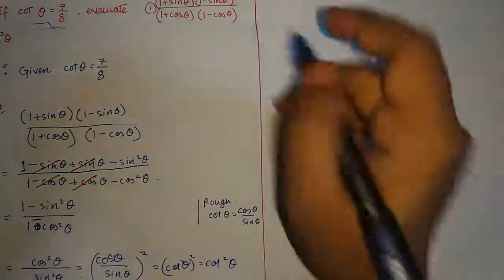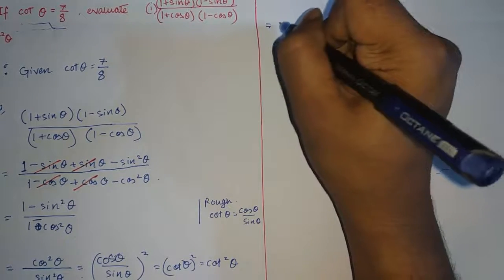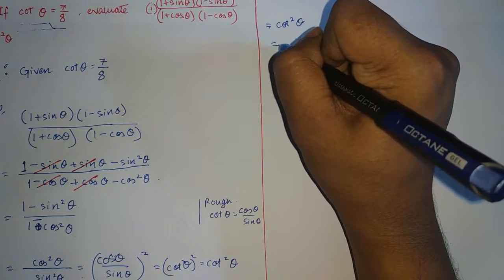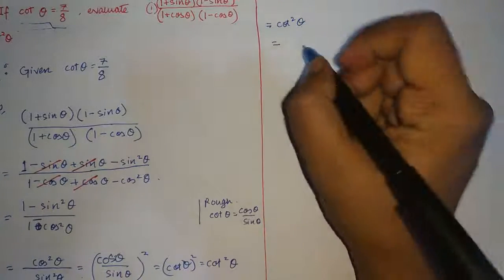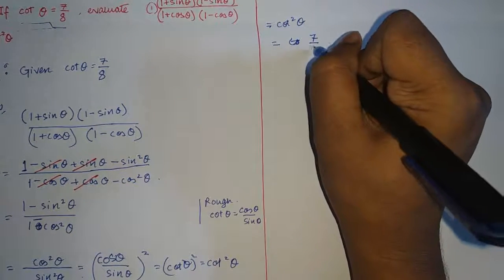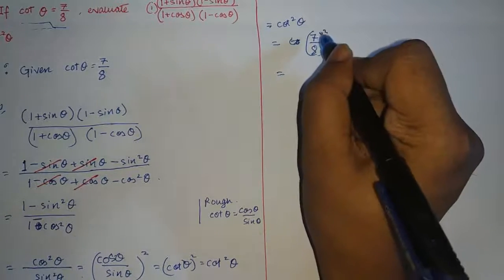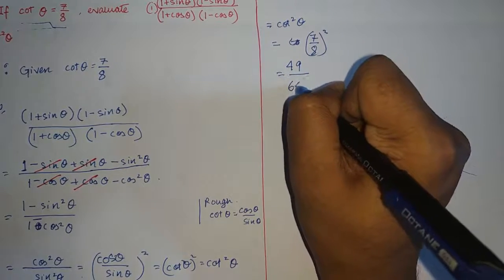Now you can write cot square theta as, what is the given value of cot theta? It's 7 by 8. So cot square theta will be equal to 7 by 8 whole square. We have to just write the values. 7 square is 49 and 8 square is 64.